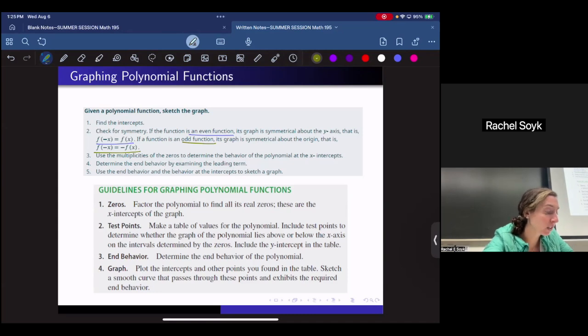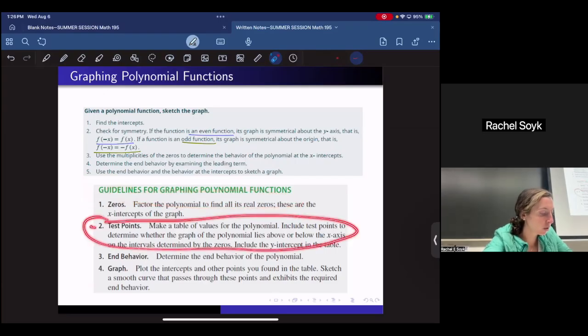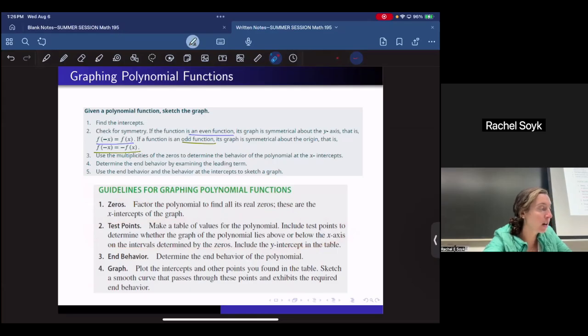So when we put all of this together, then we can really get a good sketch of these types of functions. And right down here is the step-by-step procedure. You want to factor to find all the real zeros, aka your x-intercepts. Then make a table to include test points to determine where the graph is going to be above or below your x-axis.